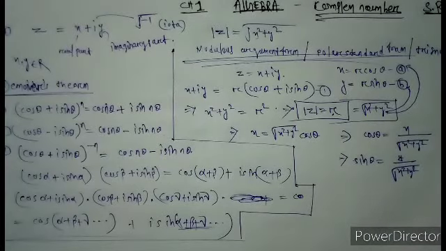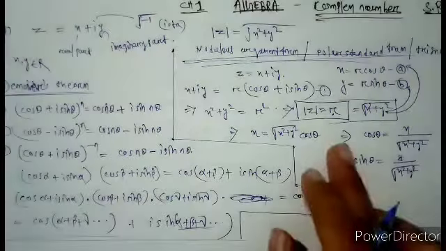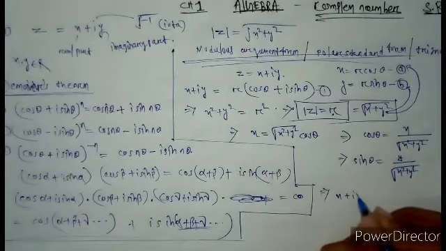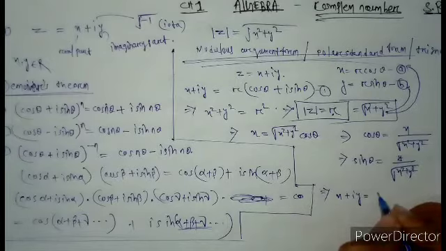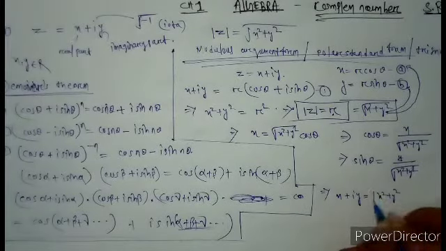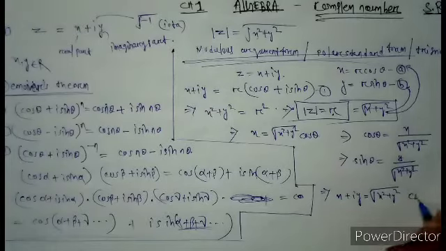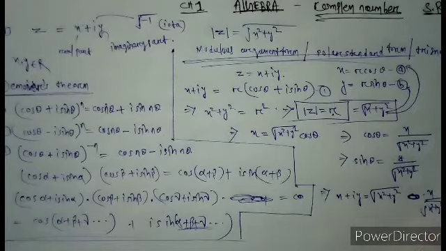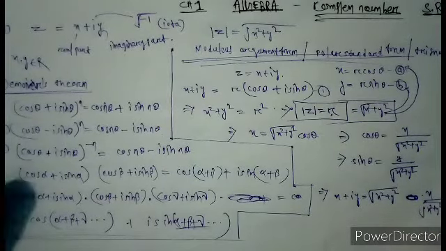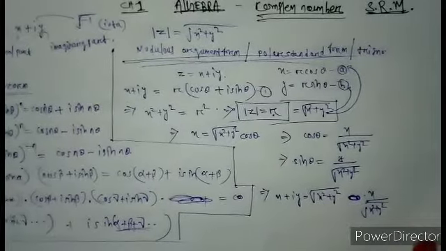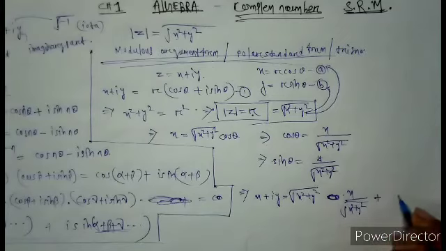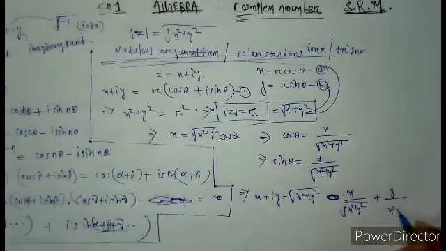Okay, so putting the value of sin theta and cos theta in equation 1, we can write x plus iy is equal to r. In the place of r, we write root over x square plus y square multiplied with cos theta, that is x upon root over x square plus y square, plus i sin theta, that is y upon root over x square plus y square.